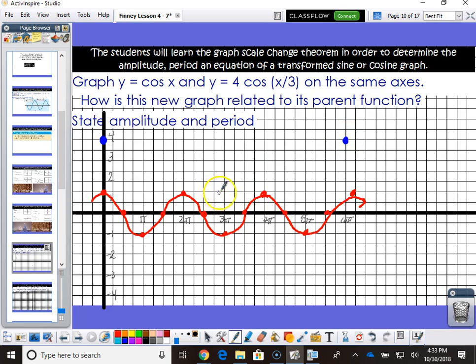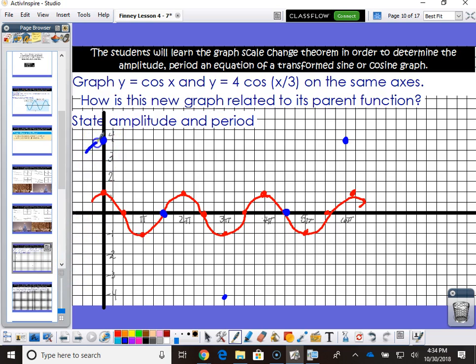That also means halfway between 1 pi, 2 pi, 3 pi, 4 pi, 5 pi, 6 pi is 3 pi, right? And that's where I'm going to be at -4. Halfway between there, which is 1½ pi, I'm going to be at 0. Halfway between there, which is 4½ pi, I'm going to be at 0.